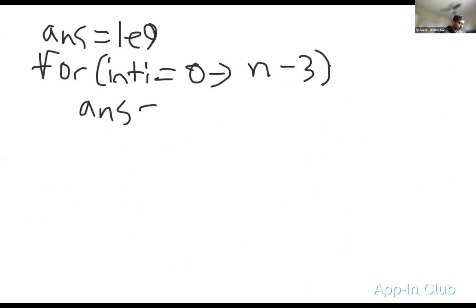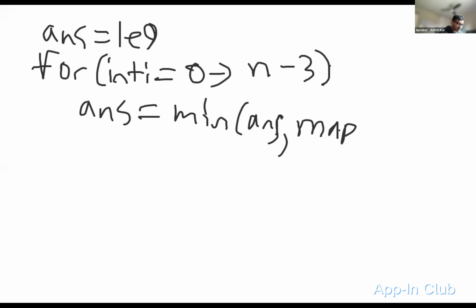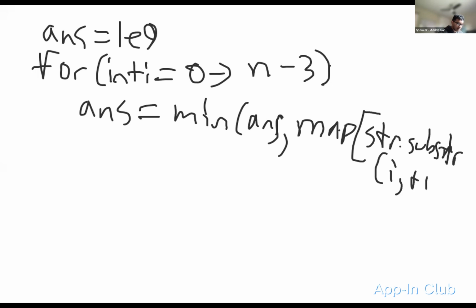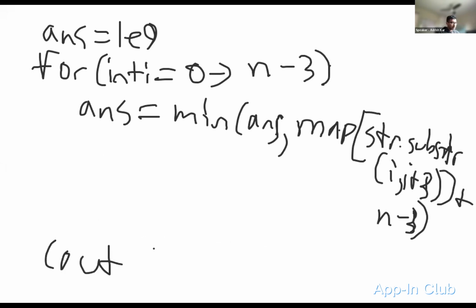And then we have answer equals minimum of answer and map of the substring from I to I plus 3, and then plus n minus 3. So this would be the answer. And then obviously at the end, you just output answer.